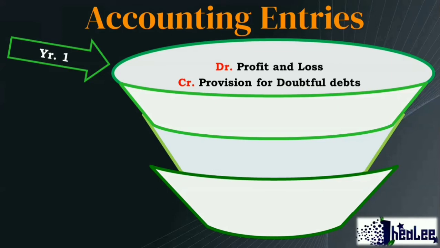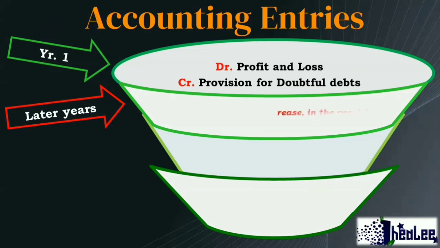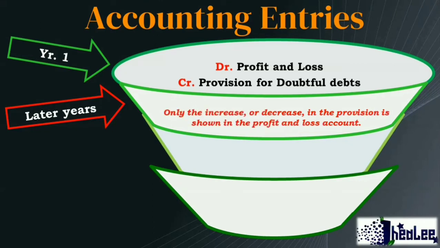Now, in the other years, the later years, whether it be the second year, the third, fourth, whatever it is, in those years, only the increase or decrease in the value of provision is shown in the profit and loss account.